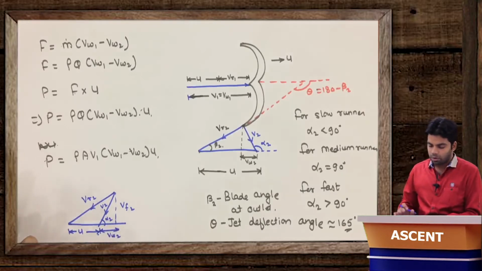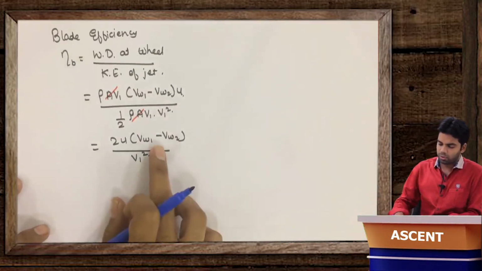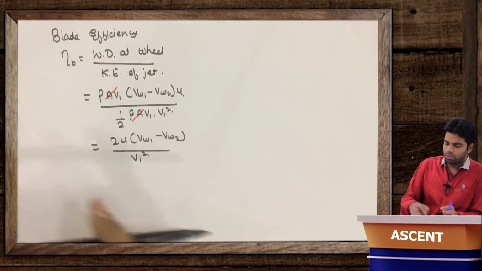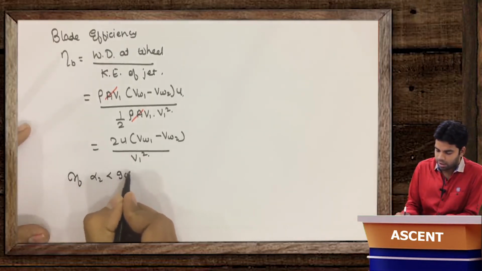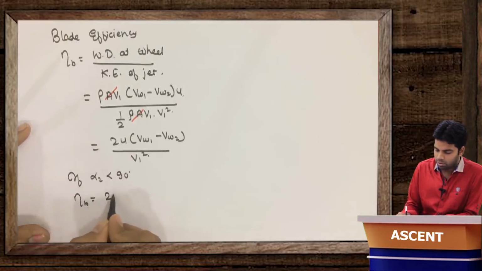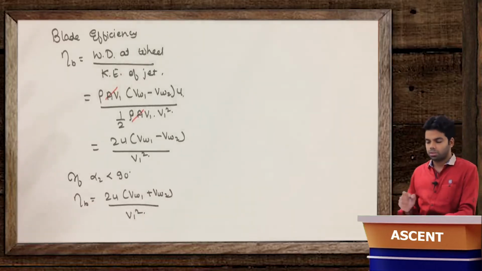Now a very important thing: if alpha 2 is less than 90 degree, as we have already discussed, it would have been plus VW2. Then efficiency will be equal to 2U (VW1 plus VW2) divided by V1 square. This would have been the difference.